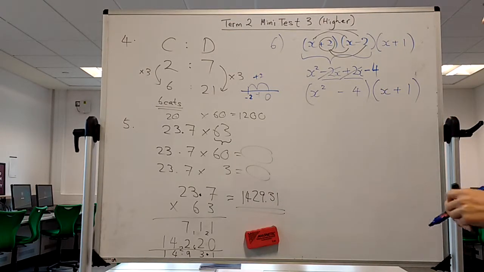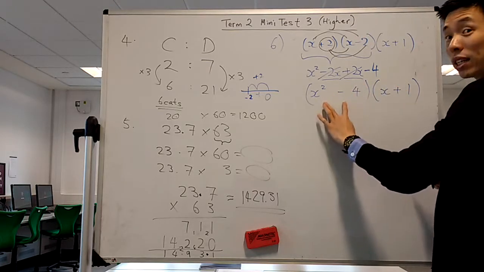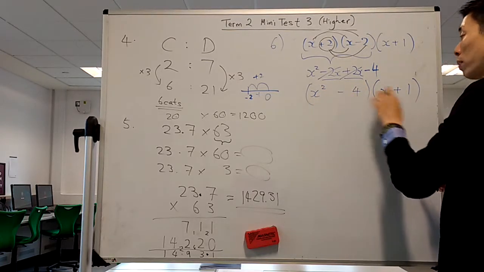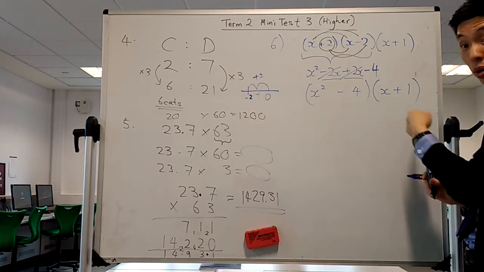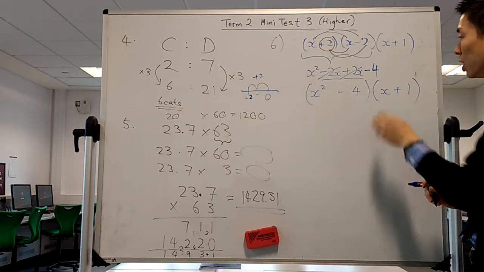So how do we do this? Well, very simple. Take this bracket, you've got two terms, just have to multiply each of the terms by the other bracket, however many terms there are. And there are two terms.